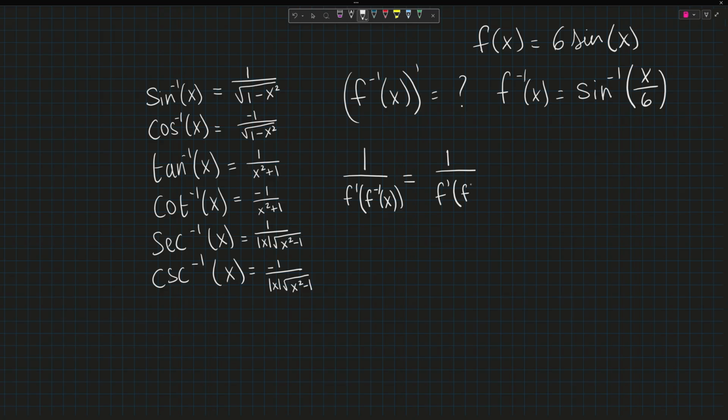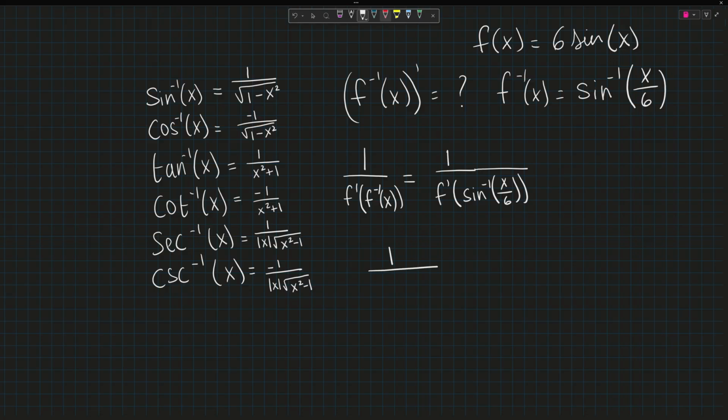So, I did get f inverse of x, which is sine inverse of x divided by 6. But now, instead of just taking the derivative of that, I have to do the derivative of basically 6 sine of x with this integrated into it, and then 1 over that. So in other words, I have to do this.